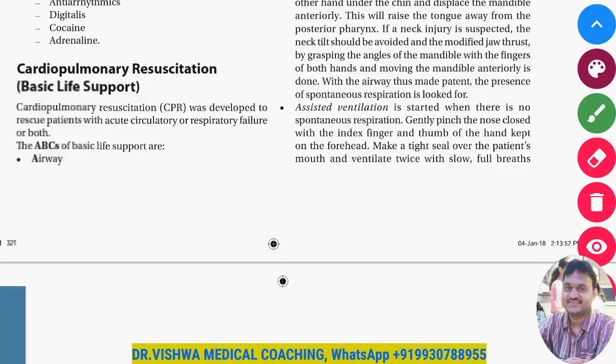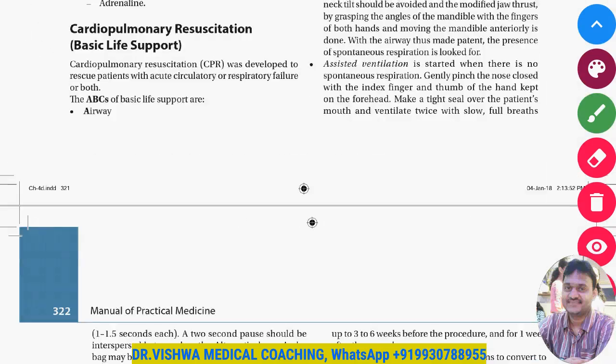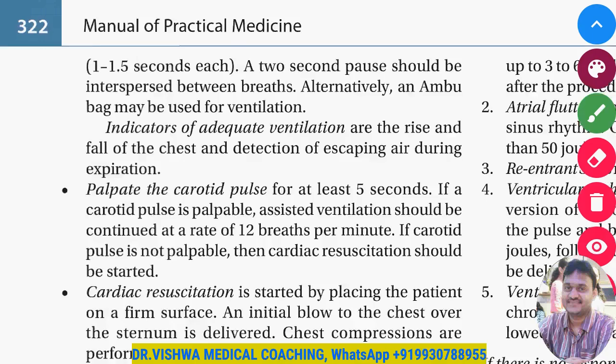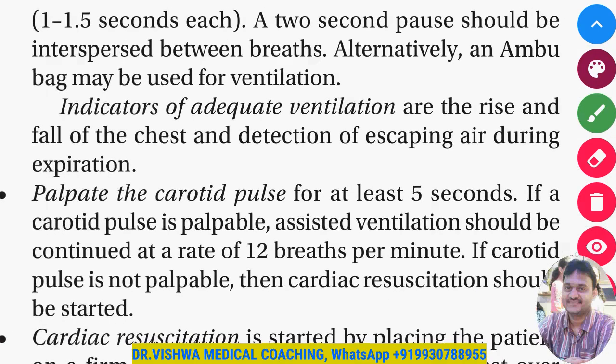Close the nose, otherwise the mouth to mouth breath you give will come out through the nose. So close the nose and then give 2 full mouth to mouth breaths, 1 to 1.5 seconds each. A 2-second pause should be interspersed between the breaths.